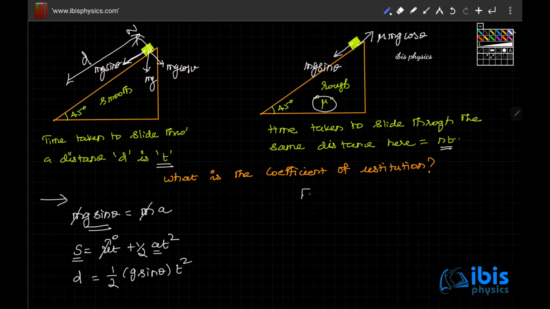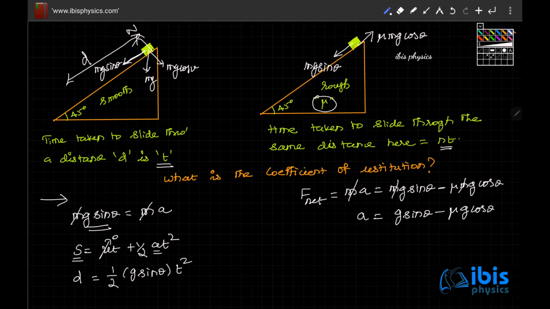The net downward force is mg sin theta minus mu mg cos theta, equal to mass into acceleration. If you cancel the m's, the net acceleration is g sin theta minus mu g cos theta.